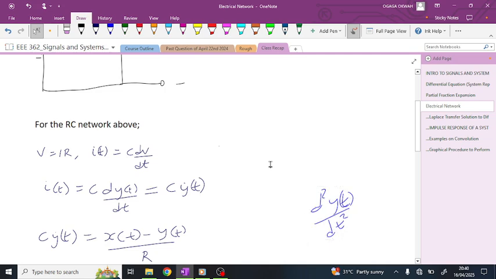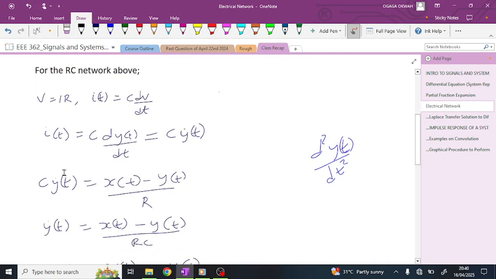So the next thing now is to say y of t equals what? All this. How do we get this? This is the y of t we have, right? You just bring it here. Now the current equals what? From Ohm's law, V equals IR, right?